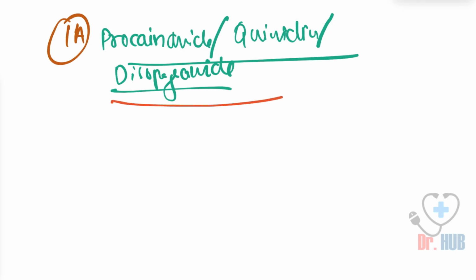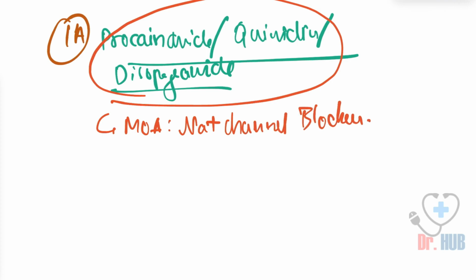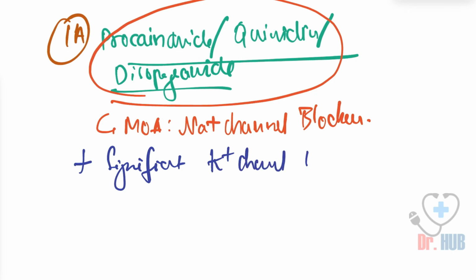So what was the mechanism of action? They are sodium channel blockers, and there is a significant potassium channel blocking property in the case of class 1A.